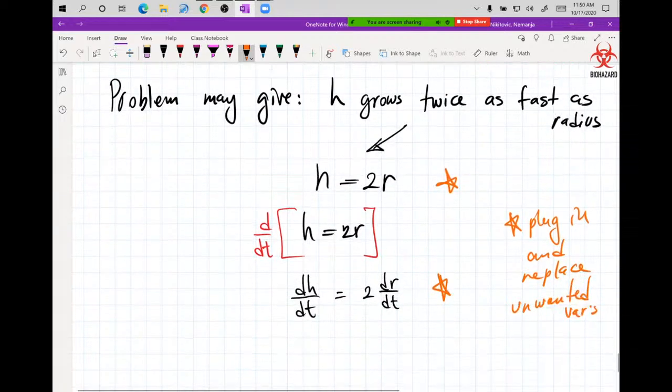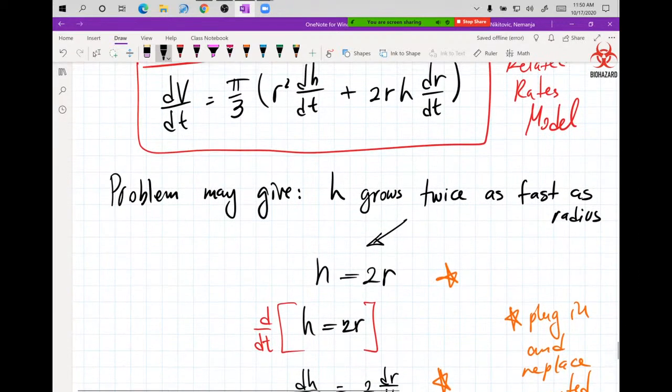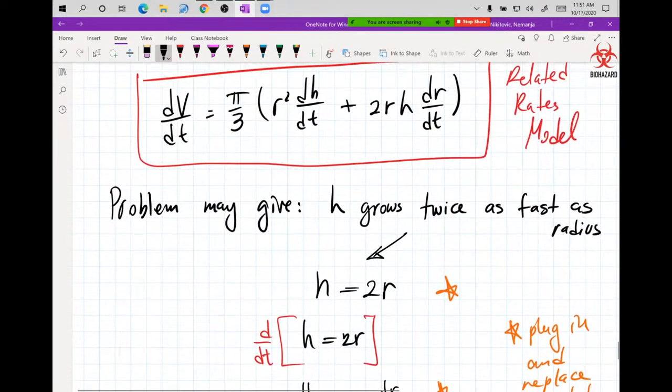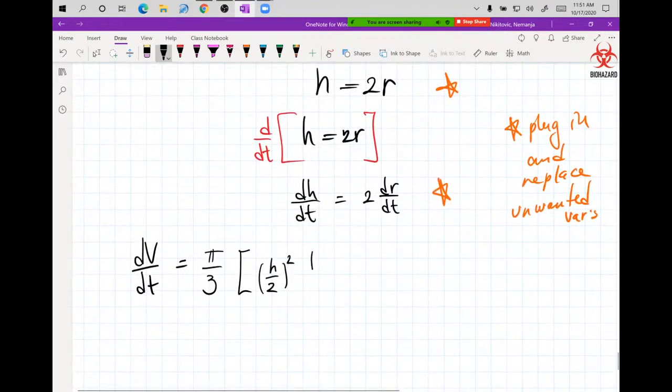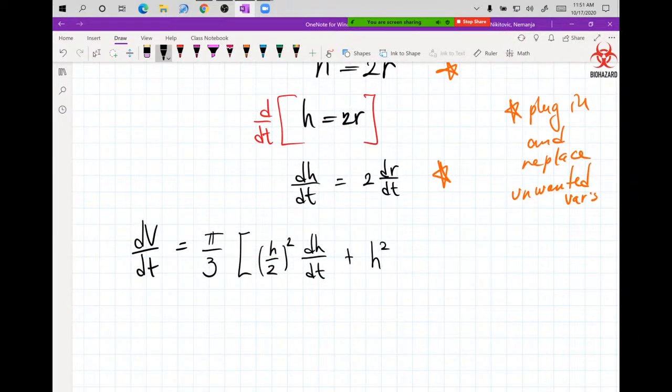So when you take a look at our equation, dV/dt, what you have over here is pi over 3. And now, let's say you want to get rid of the radius. You have your r squared. That's going to be h over 2 squared. And you have your dh/dt plus 2r is h. 2r is h, and then you have another h, so h squared. Maybe I should say h times h.